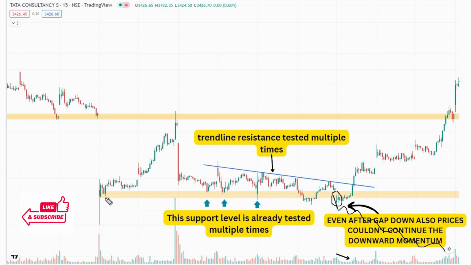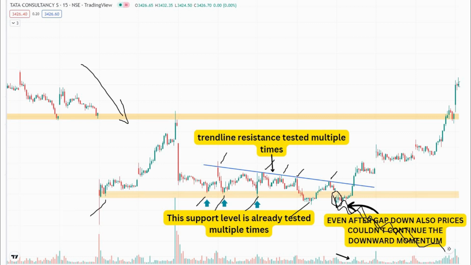Support is tested once, twice, thrice, 4, 5 times, and also prices are forming lower high formation. Overall we are in a downtrend. So expectation should have been that after this gap down, prices should have continued the downward momentum, isn't it?